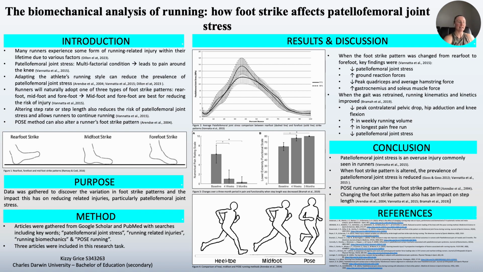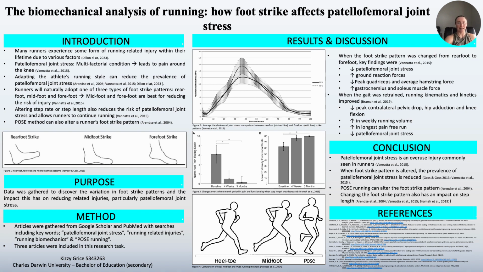So starting at the knee, leading up through the hips, and then all the way up through your shoulders. Additionally, there's less chance of overpronation at the ankle, which has been shown to contribute to patellofemoral joint stress. Moreover, as the soleus becomes stronger, so a muscle within your calf group, the knee joint is more stabilized and forces produced are then reduced.